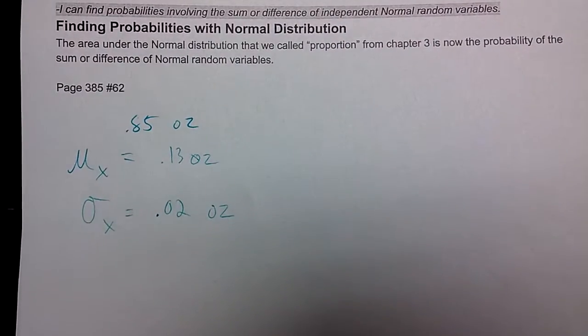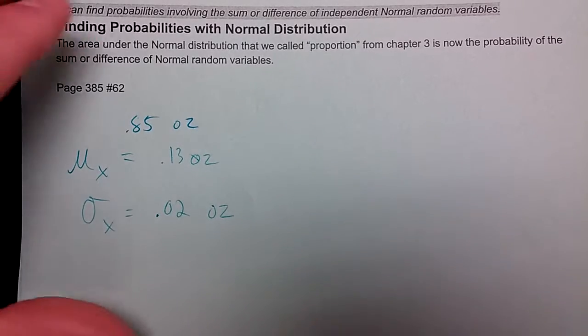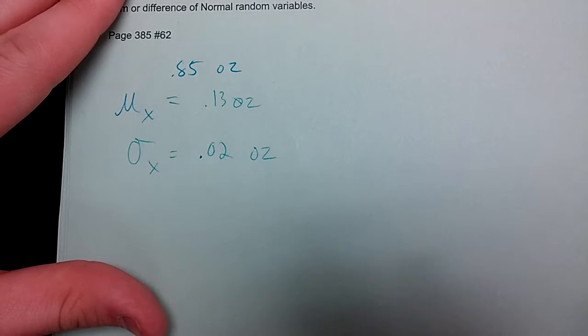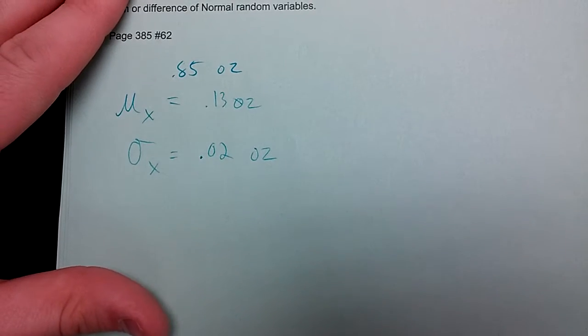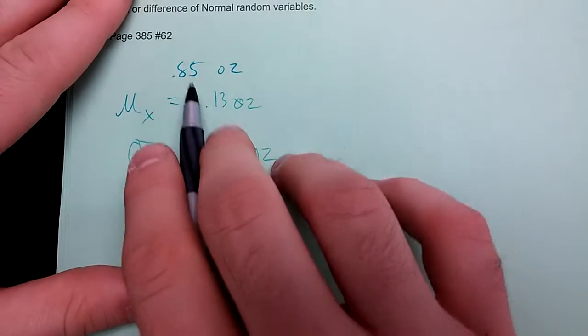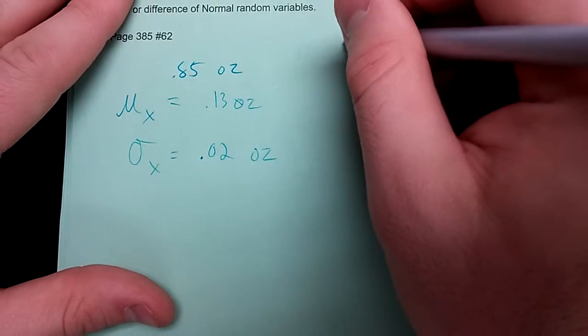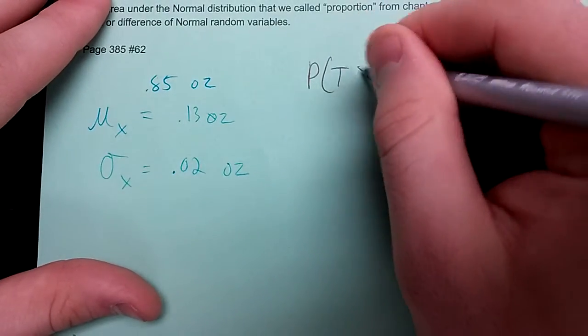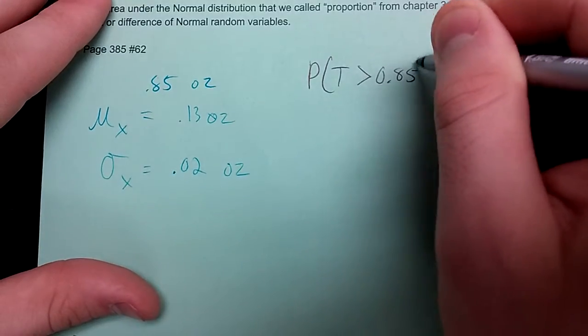That's the mean and standard deviation for just a single squeeze of the tube. On this trip, he's doing 6 total squeezes, and they want to find the probability that he'll use more than what's in the actual tube, 0.85. So we're finding the probability that T, the total amount, is greater than 0.85.